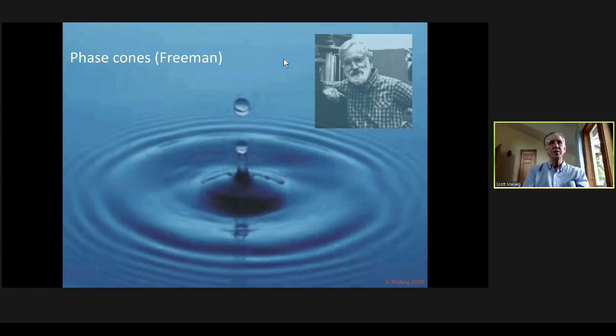He called these phase cones. And they occurred at particular moments relevant to the cognition of the animal. On the olfactory bulb, these would occur when the animal sniffed a new odor, not one of the regular odors he was presenting, but a new odor.